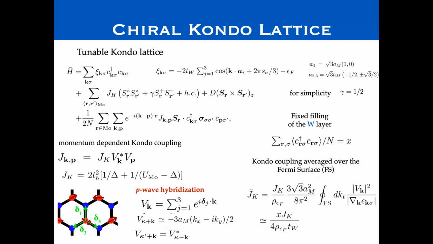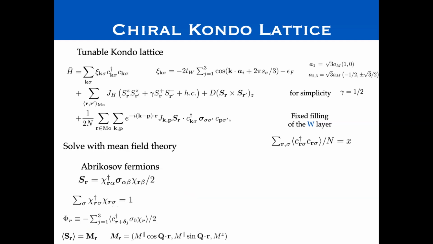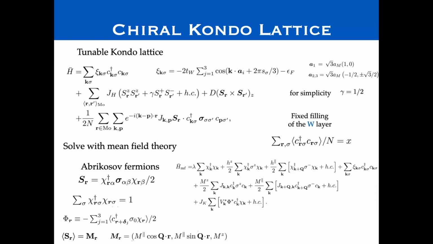And if you actually average out your Kondo coupling over the Fermi surface, you'll see that it's tunable by density. So there's a Kondo coupling tunable by density due to this p-wave nodal nature of the hybridization. This is also going to give us topology, as I'll show you in a second. And just to give you some nitty-gritty, we use the basically Abrikosov fermions and sort of mean field decoupling. As it's rather standard, I'm just listing the equations here.